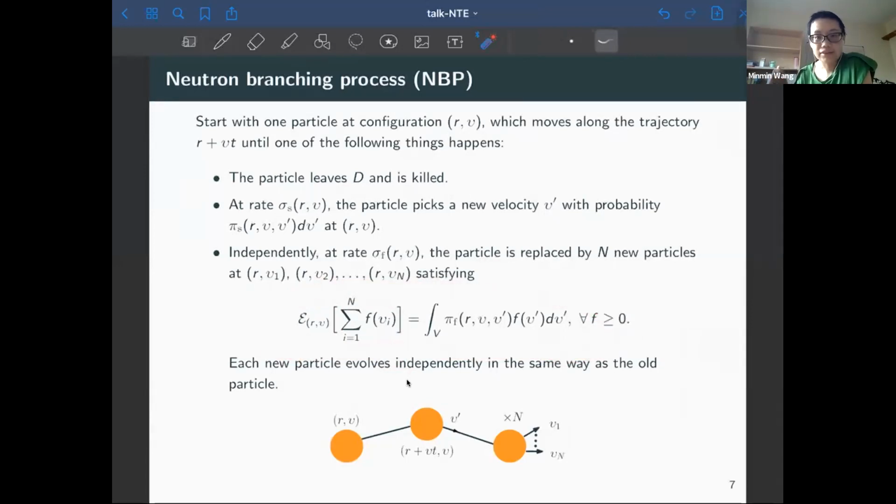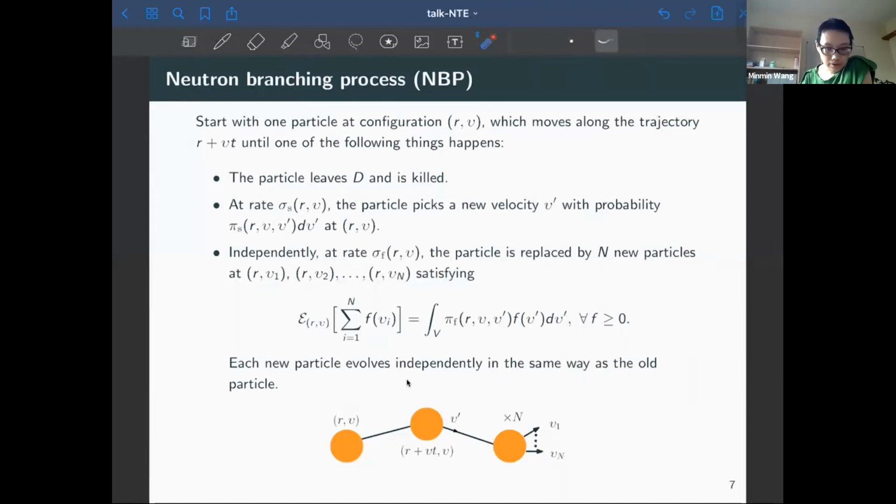As Andy remarked, this is not enough to characterize the whole distribution, so in terms of implementation, we do have a little bit of freedom in choosing what this E is exactly. All right, so let's say all these have been picked. Each new particle has a new velocity, and they evolve independently in exactly the same way as you do. So this is the definition of the neutron branching process.